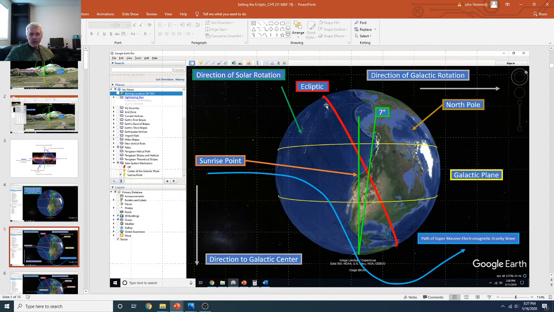This is the Earth's relation to the solar system angle, and then here you have the galactic angle crossing the Earth, right? And the direction of solar rotation. And I put the arrow to there.